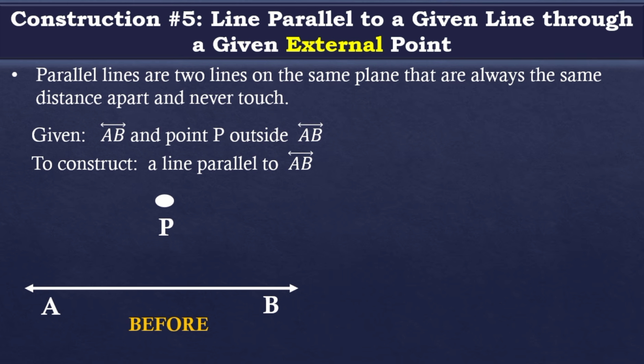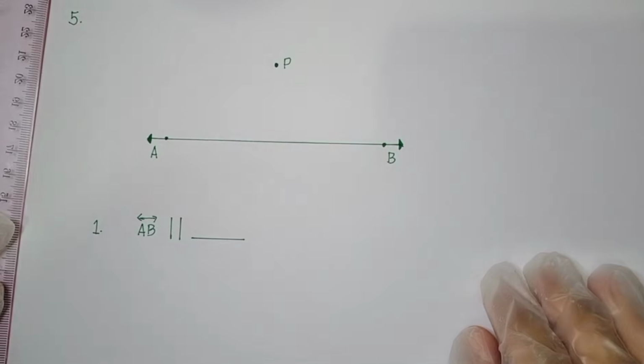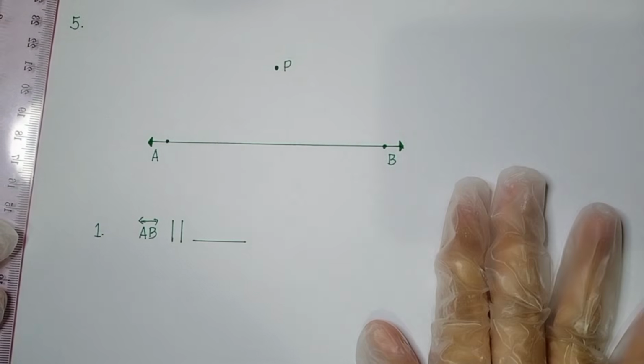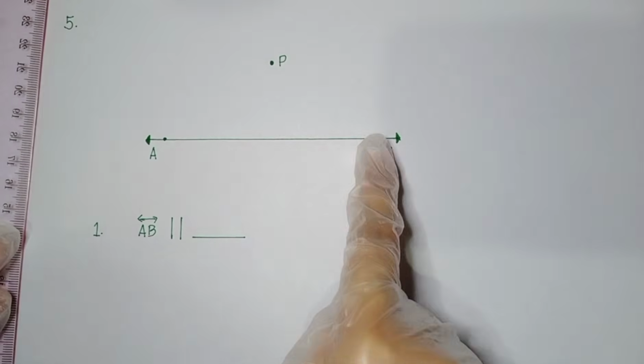But this time, ang i-construct naman natin is a line parallel to line AB. So, dito, ito yung line natin. So, gagawa tayo ng isa pang line dito na parallel dito sa line AB. So, ito po yung ating figure. Paano natin siya gagawing ganito? Okay, now this time, we will form a line parallel to line AB.